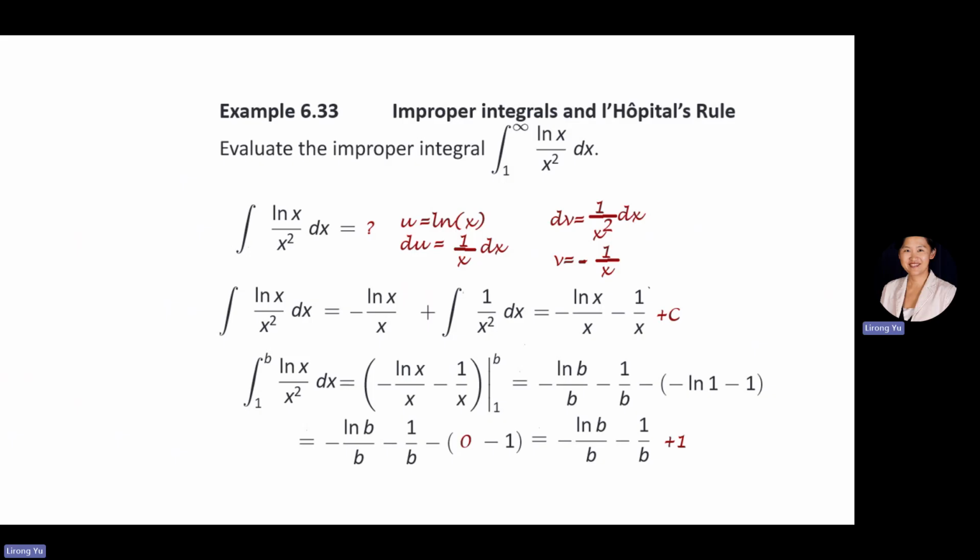Subtracting that gives plus 1. So now we have negative natural log of b over b, minus 1 over b, plus 1. This illustrates the integration of the function from 1 to b. b is a number.